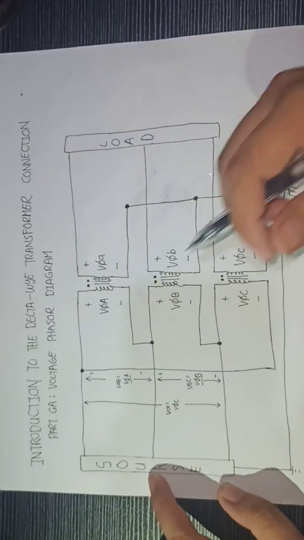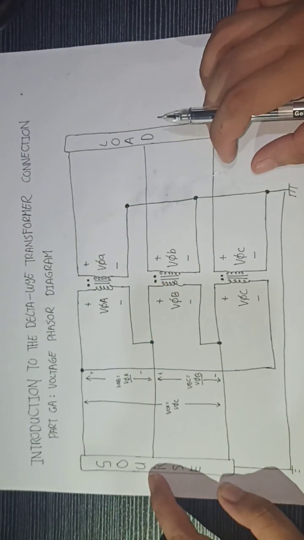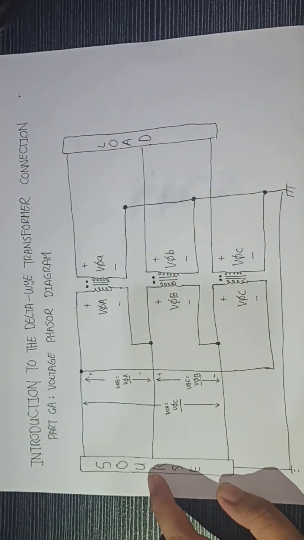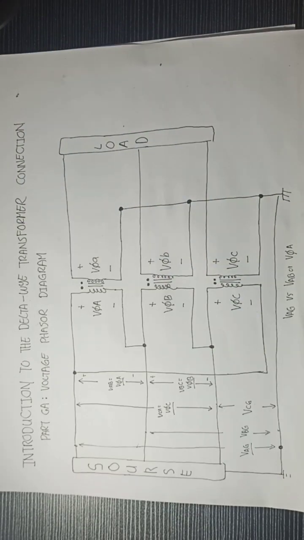And lastly, between line C and line A, it's equal to phase C voltage. So in this video, we're going to further talk about the voltage quantities on the delta side.